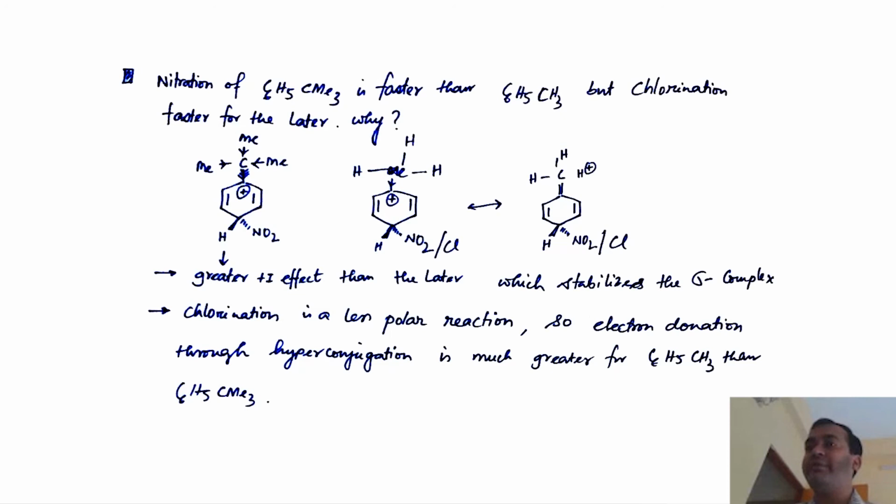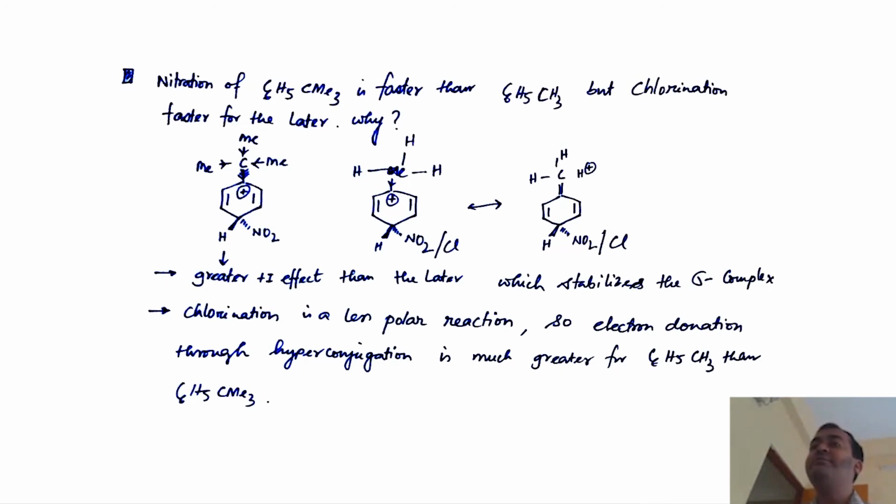But what happens for chlorination? Chlorination is a less polar reaction. Means you have Cl-Cl and it doesn't generate a hard positive charge in that way.